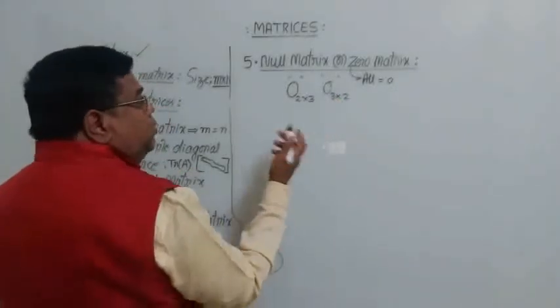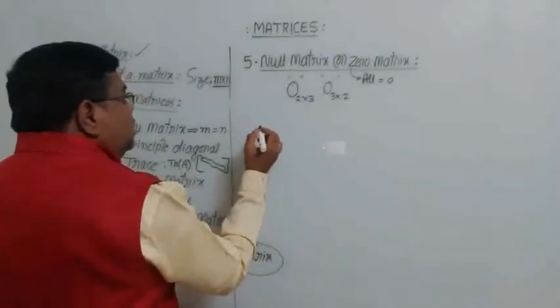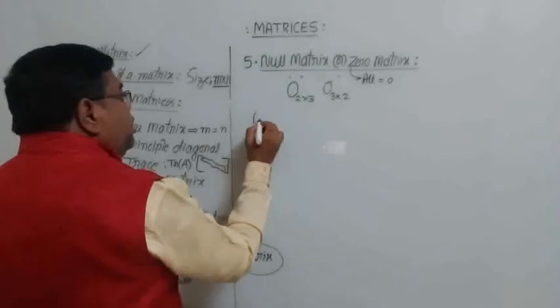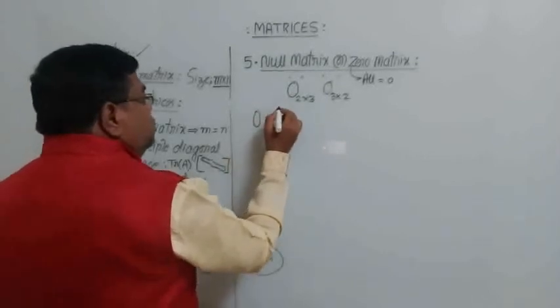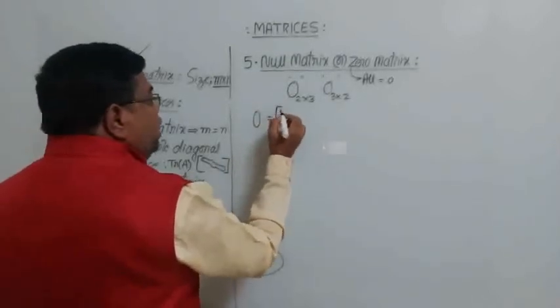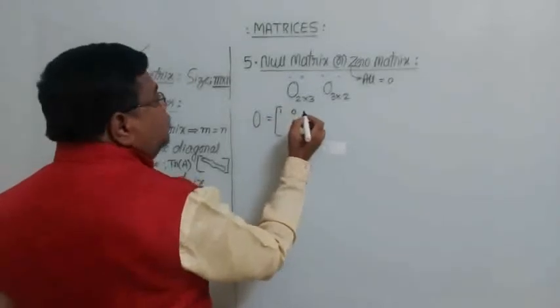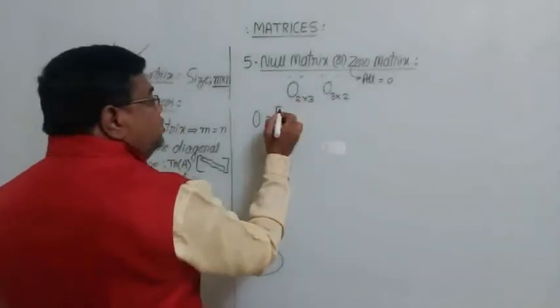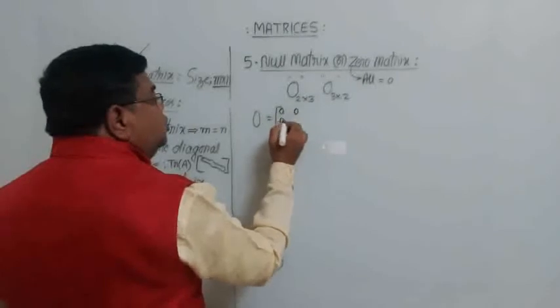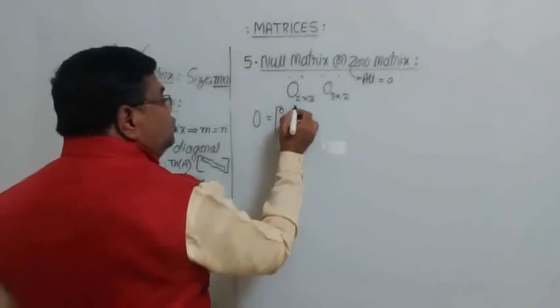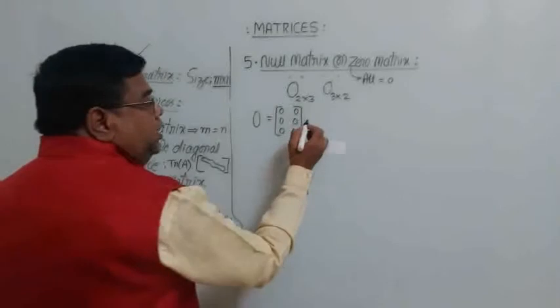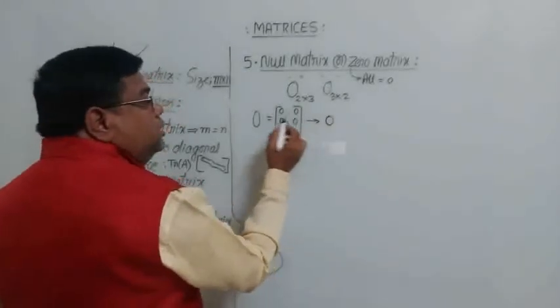It may or may not be a square matrix. Suppose we take a null matrix O, where all elements are zeros: 0 0 0 0 0 0. So it can be denoted by O. What is the order?